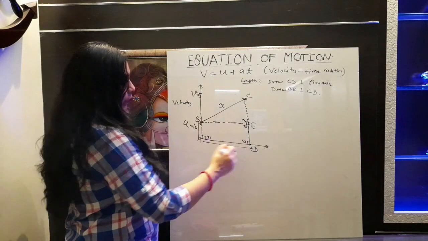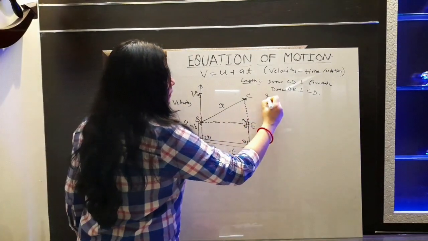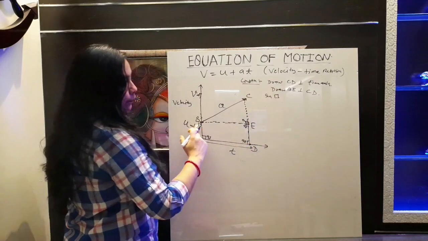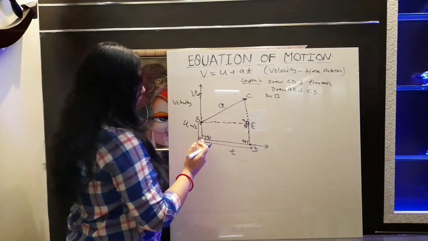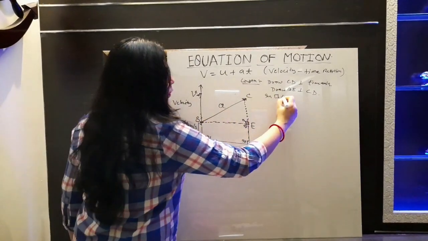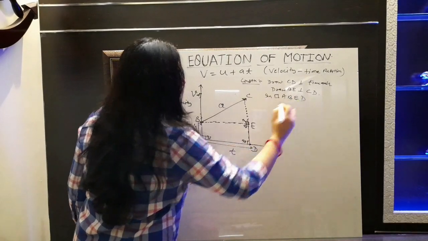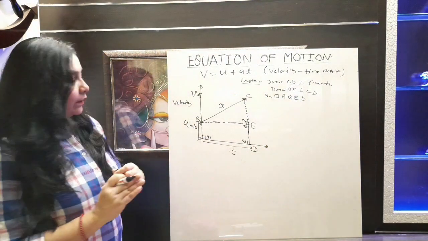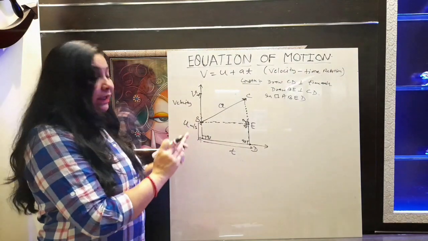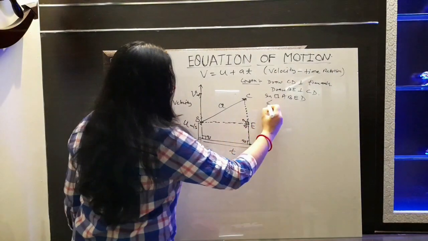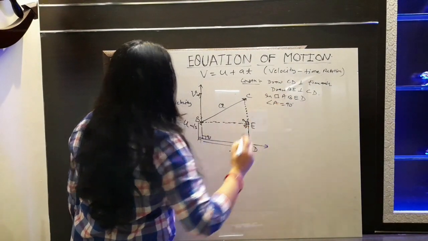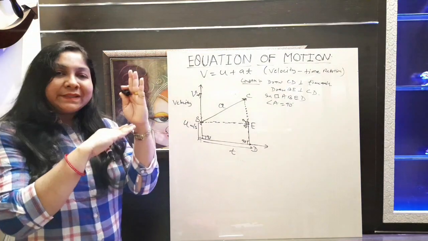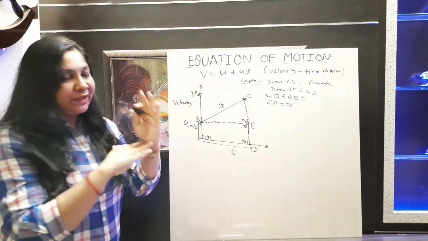Now observe the quadrilateral BEDA, or ABED. In quadrilateral ABED, angle A is equal to 90 degrees. No need to prove this because the X and Y axes are always perpendicular to each other.